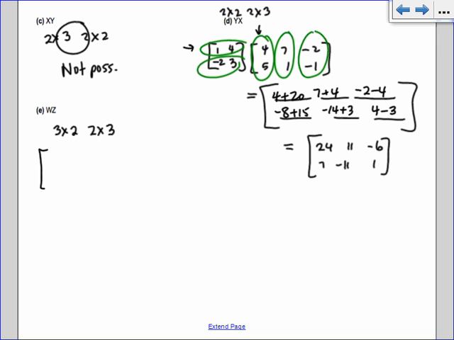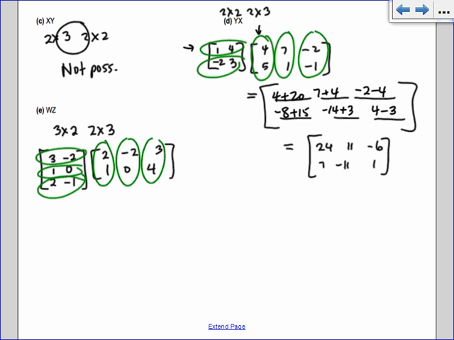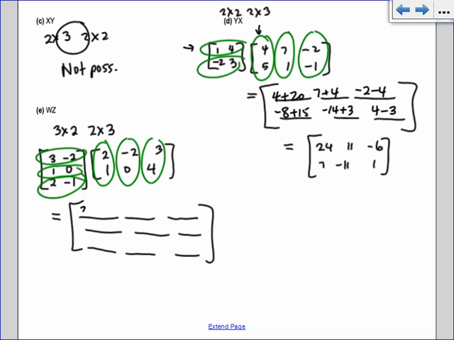So we have W is 3, -2, 1, 0, 2, -1. And the other one is 2, -2, 3, 1, 0, 4. All right, so we have rows and we have columns. So we end up getting a 3 by 3 in the end. Okay, so I have 3 plus a -2.